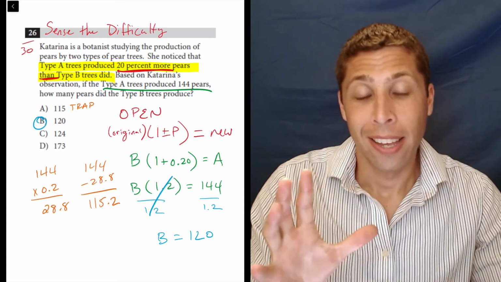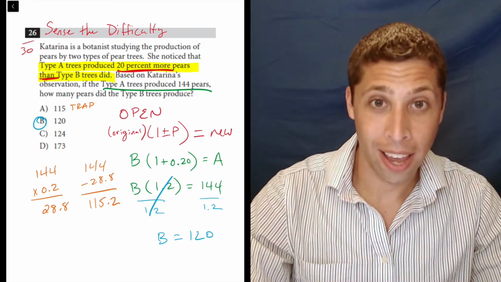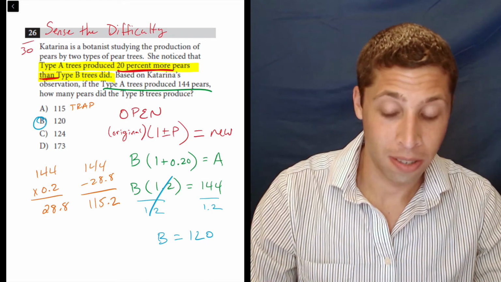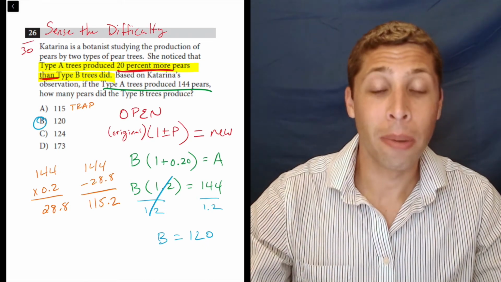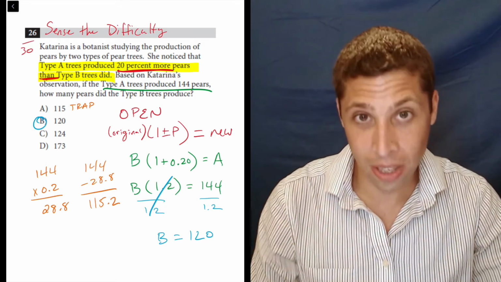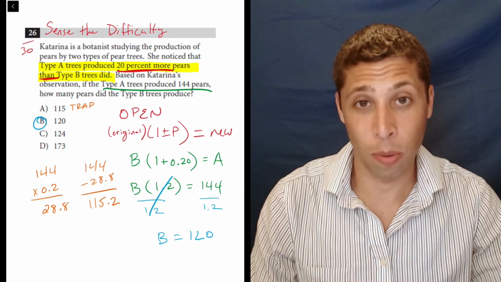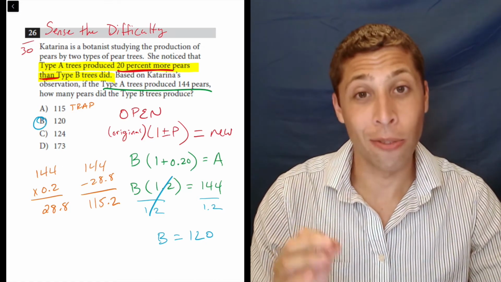So I strongly encourage you to find a way to deal with percentages that is consistent. If it's not my way, that's fine. But it's got to be consistent, because the SAT loves to use the percentage questions to mess with you. So if you don't have a good system, they're going to get you. And you've got to be organized.